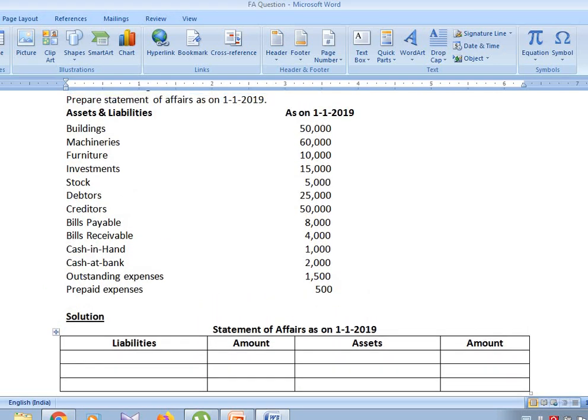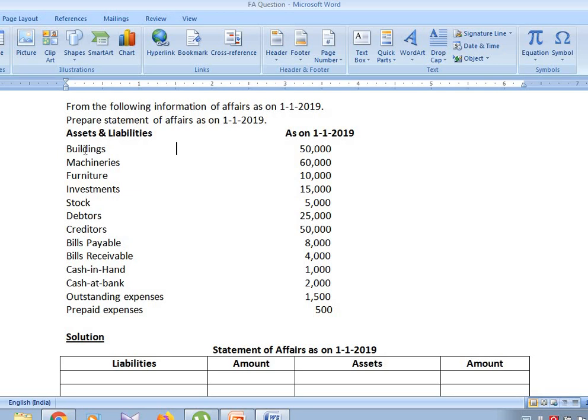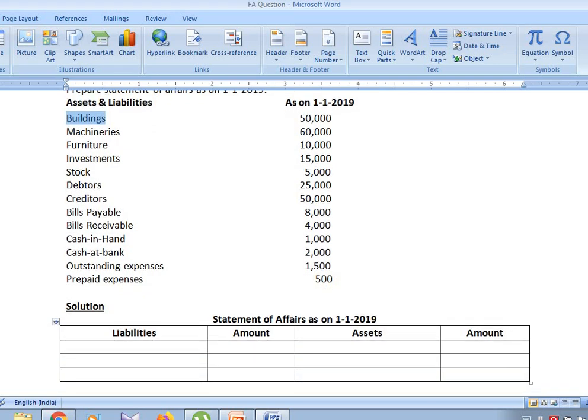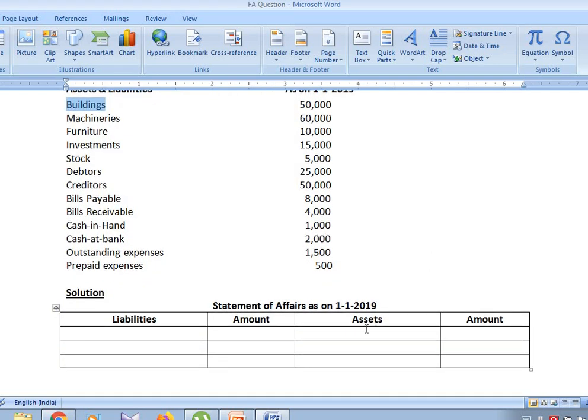The first thing is building. So where do we take building? Building comes to the asset side. What is the amount of building? 50,000.